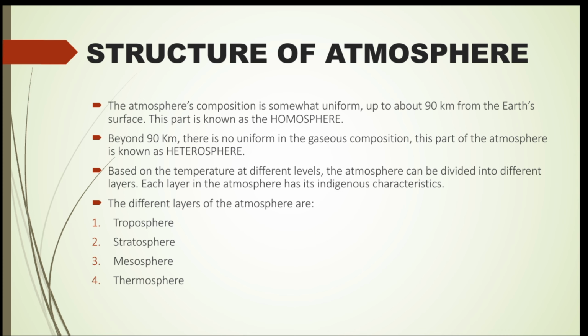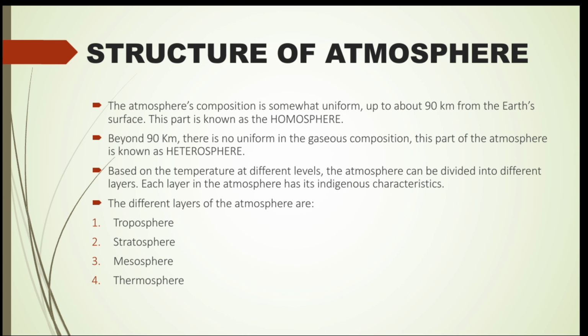For the first 90 km from the Earth's surface, the atmosphere's composition is somewhat uniform, and hence this part is known as the homosphere, that is, the part with uniform composition. But beyond 90 km, there is no uniformity in the gaseous composition, and this part is known as heterosphere.